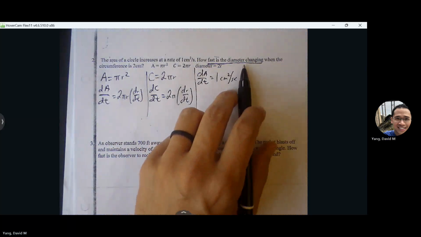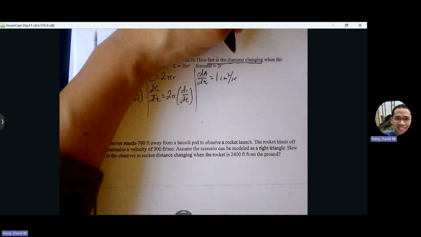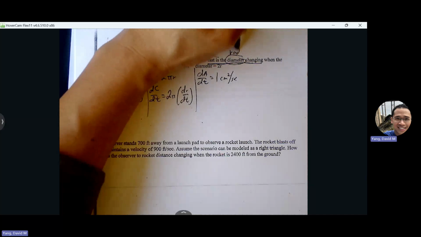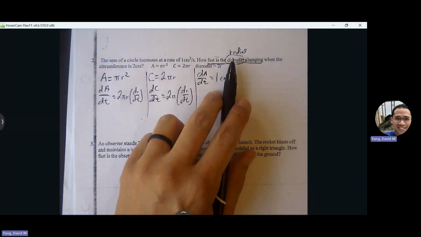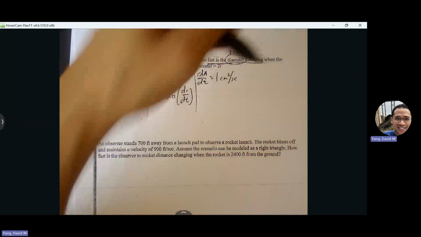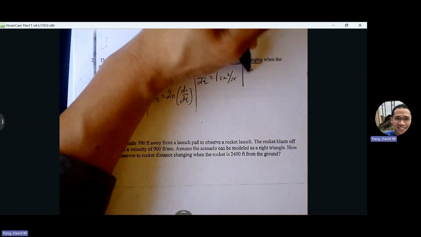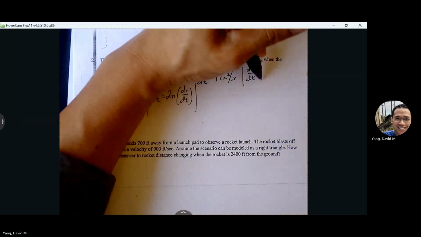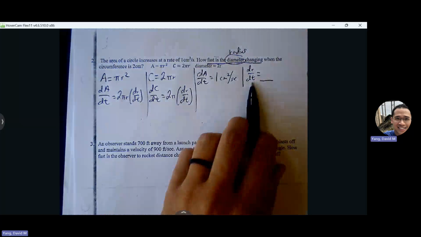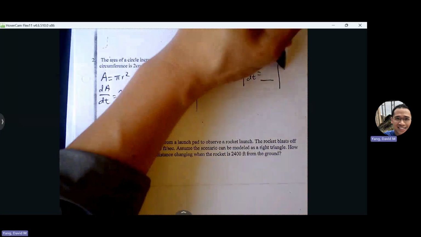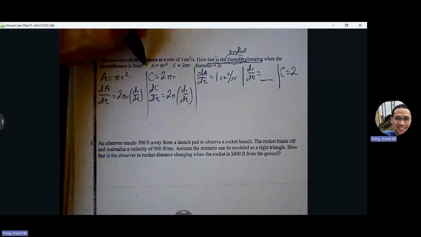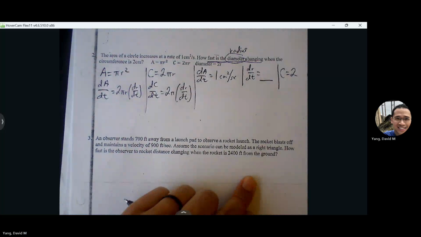I would say let's just focus on the radius changing, because radius and diameter are half of each other. So if we can just figure out dr/dt, we just have to double it at the end to get to the diameter. So let's focus on the radius dr/dt, and the circumference is 2 centimeters.